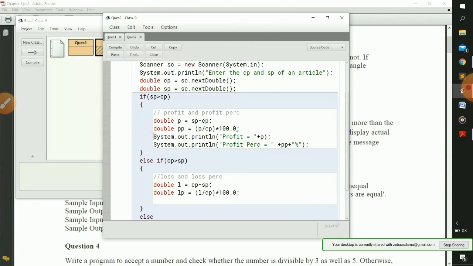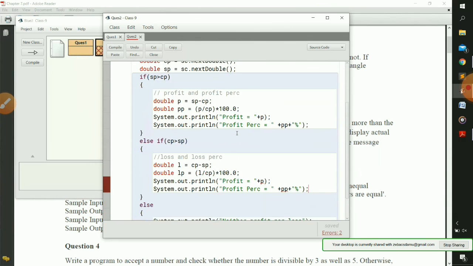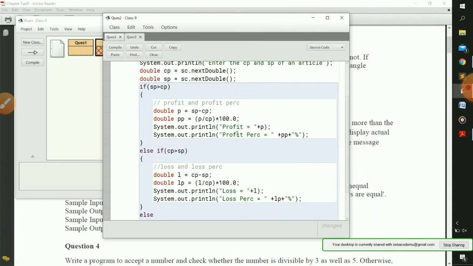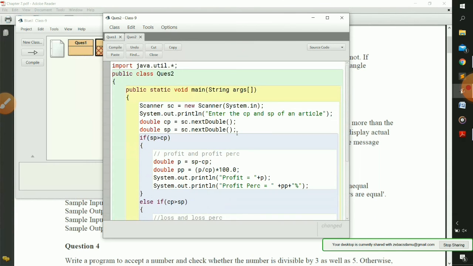So let us just copy this thing out. It would be easier like this. Okay, now over here we're calculating our loss, and over here we're calculating our loss percentage. Now over here L, and over here LP. Okay, so this is our overall solution of our question number 2.